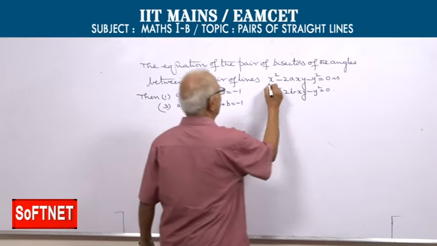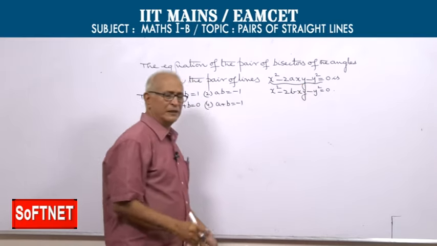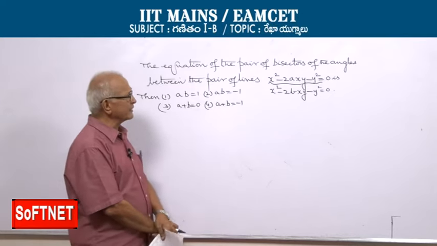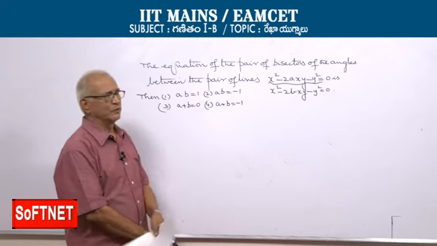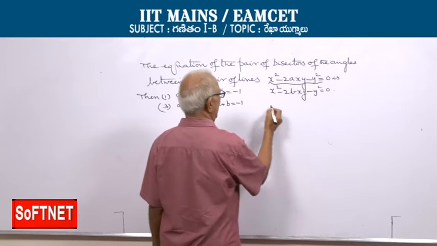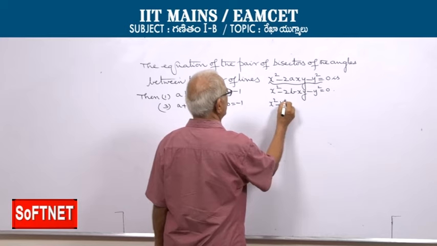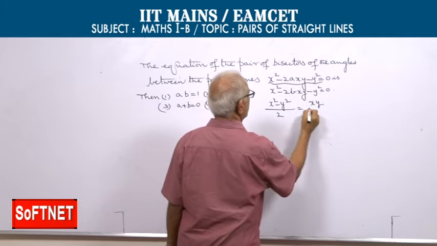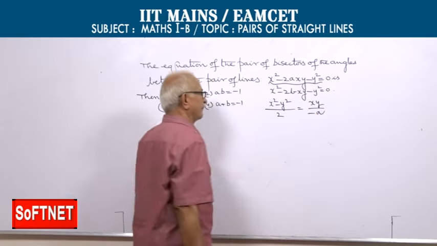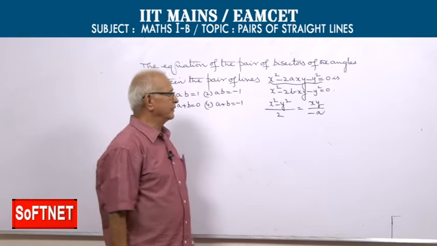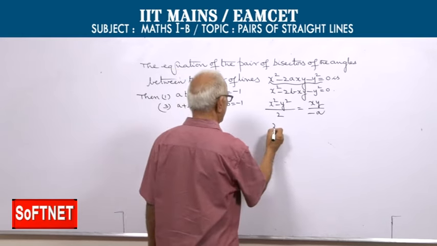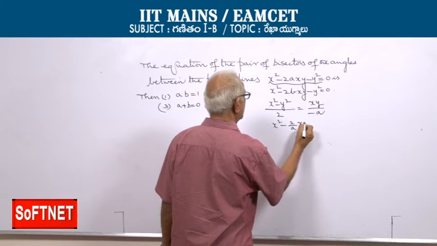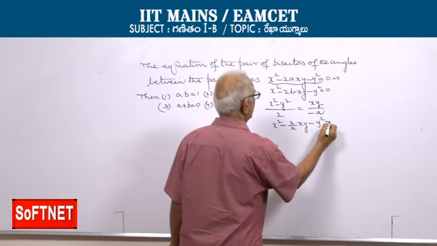What is the equation giving the pair of lines bisecting the angles between the pair x square minus 2axy minus y square equal to 0? That is x square minus y square by a minus b equal to xy by h, or x square minus 2 by a into xy minus y square equal to 0.